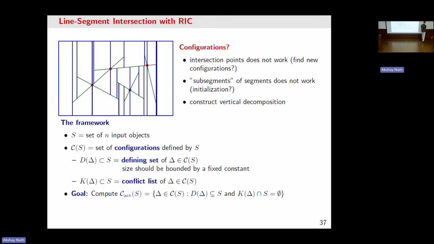Okay, so configurations are all possible trapezoids generated by subsets of S, or maybe I should say appearing in the vertical decomposition of any possible subset.